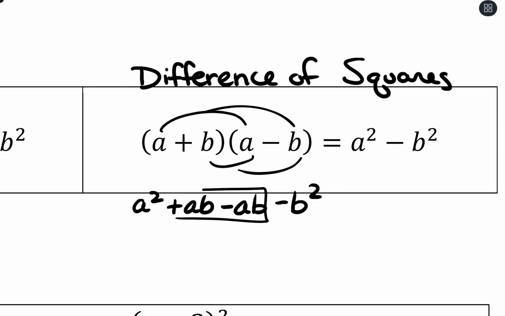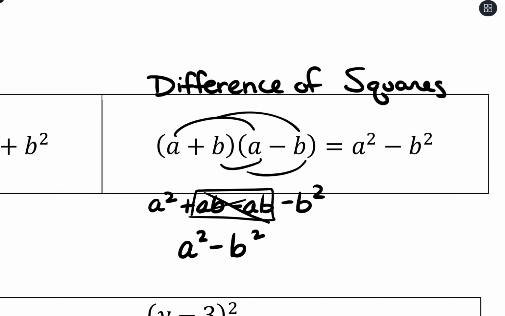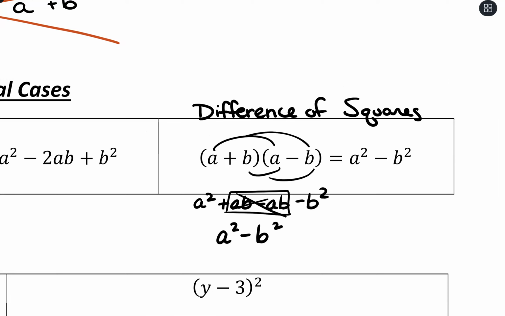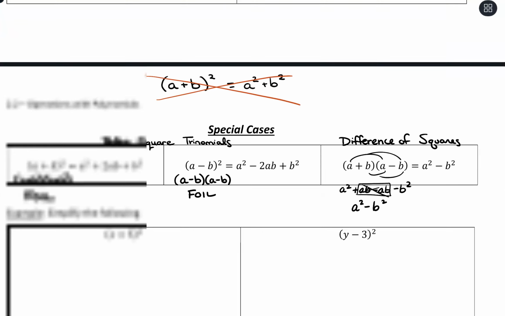And with that, those middle terms turn into 0. So with that, we're just left with a squared minus b squared. So it's just a nice case where that middle term cancels out and it comes from that difference of squares, that a plus b times a minus b.